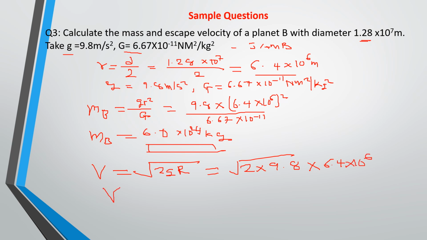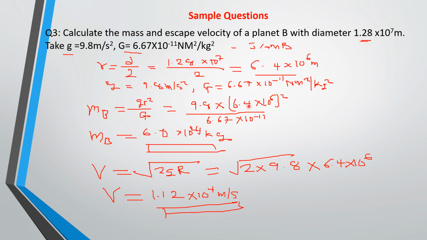So escape velocity, if you work that out with your calculator, you will have 1.12 times 10 raised to the power 4 meters per second. So guys, that is it, and this is how most of the questions will come, and this is how you go about it.